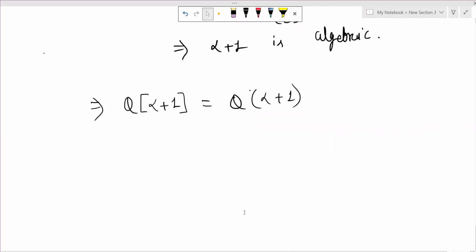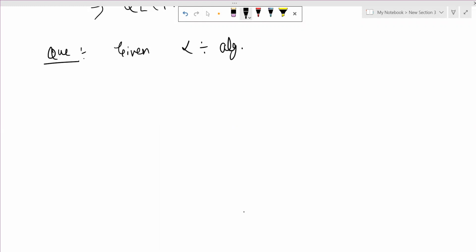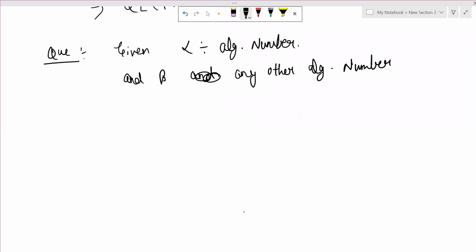Now let me ask you another question from here. So here he gave you one, I am giving you a question. Given alpha an algebraic number and beta any other algebraic number, is alpha plus beta also an algebraic number?